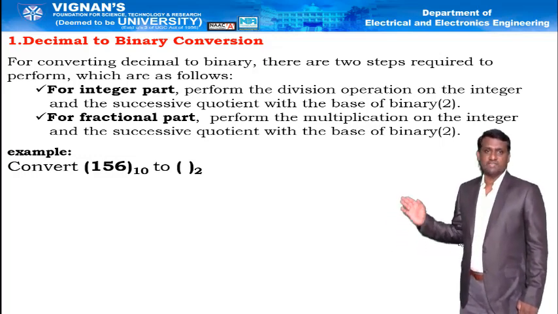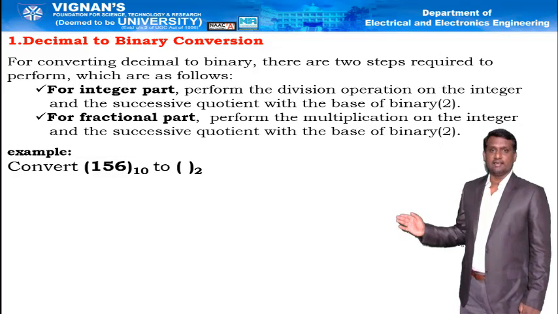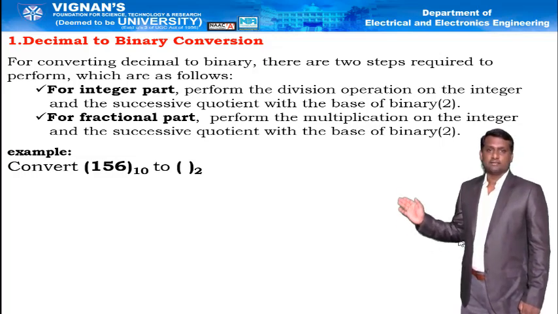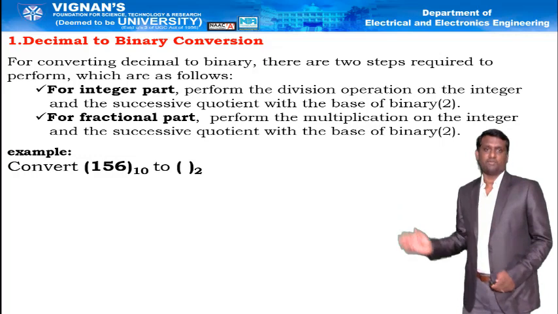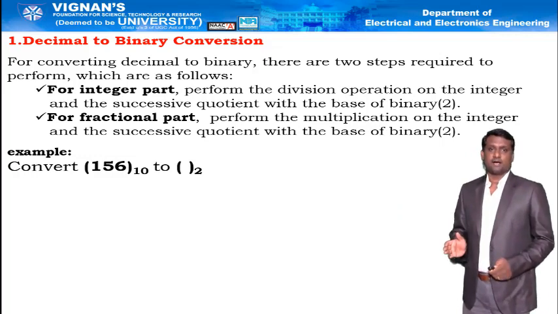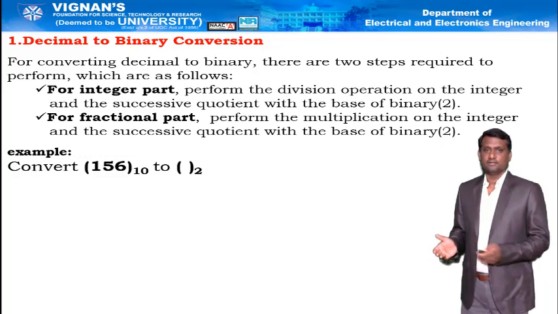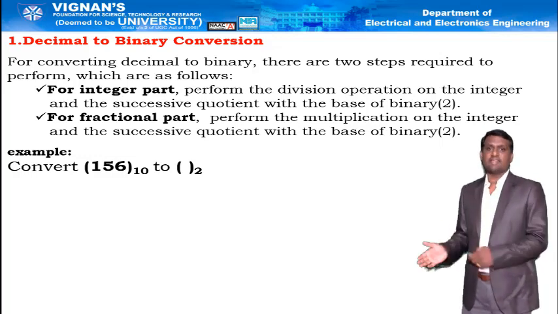By performing division operation on the integer and noting down the successive quotients and taking the reverse order of the remainders, that is nothing but the binary number of the given decimal.